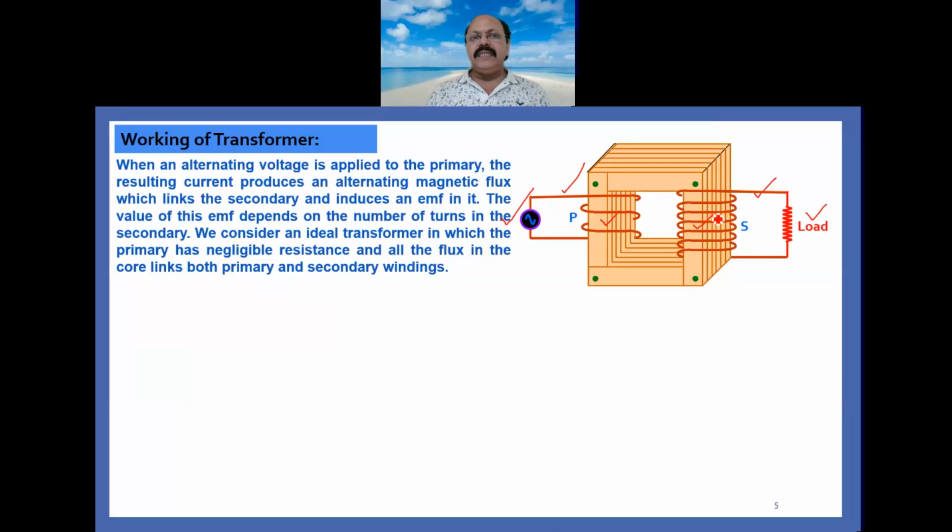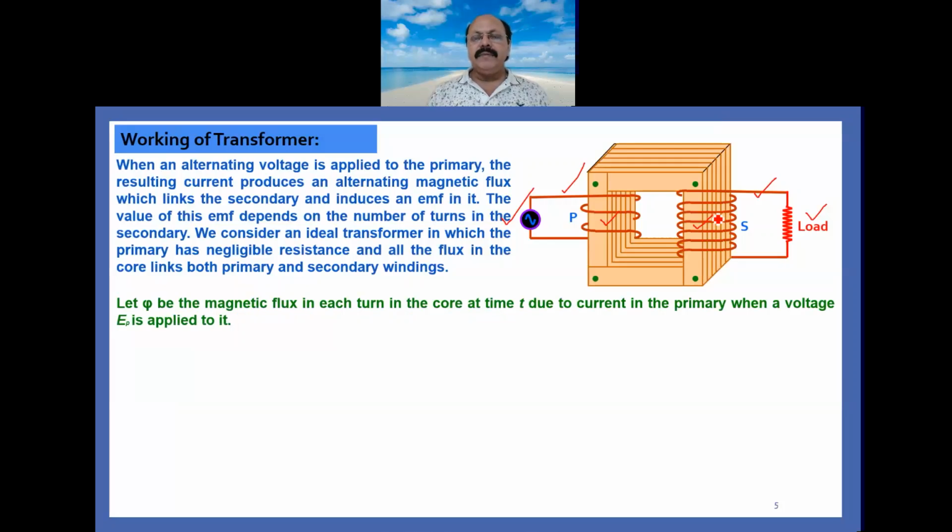The value of this EMF depends on the number of turns in the secondary. Here we consider an ideal transformer in which the primary has negligible resistance and all the flux in the iron core links both the primary and secondary windings or coils.